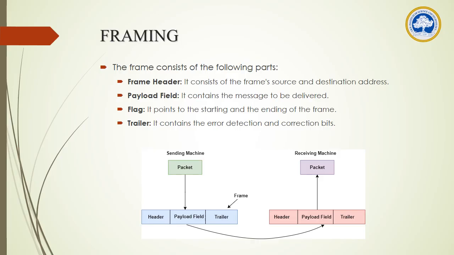The frame header consists of the frame's source and destination address, whereas the payload field contains the message to be delivered to the receiver. The flag points to the starting and the ending of the frame, and the trailer contains the error detection and correction bits.